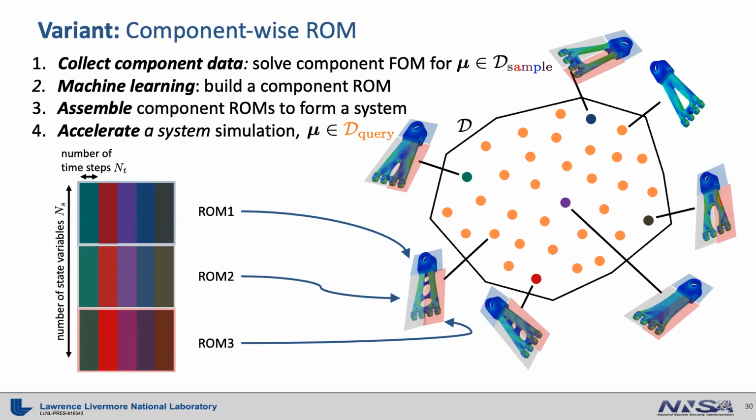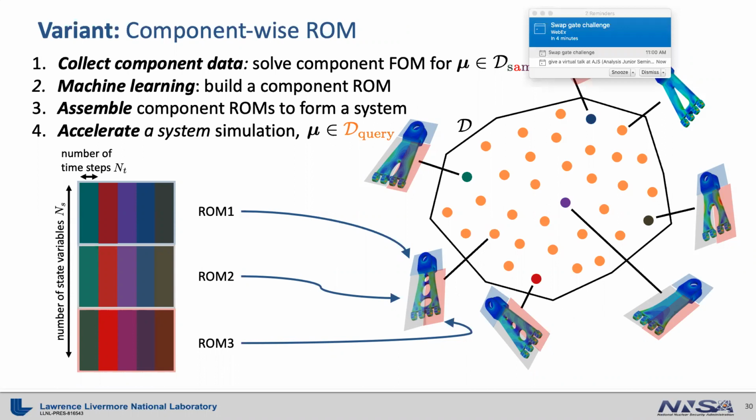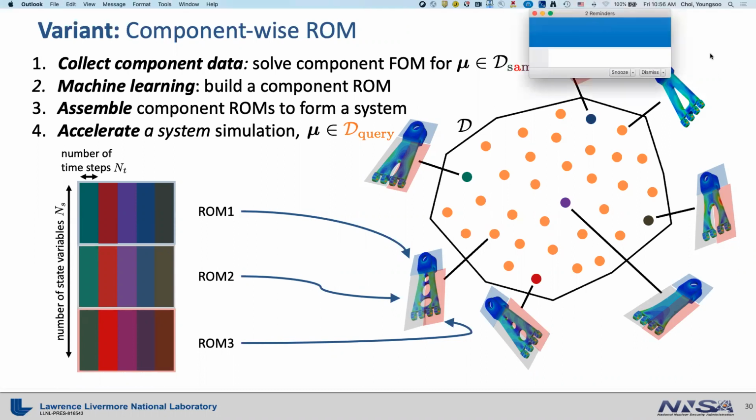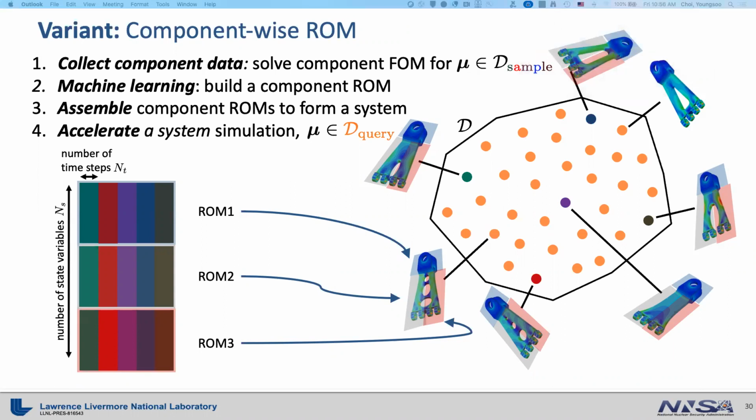In item number 1, you solve this component full order model, and in doing this component solve, you would need to replace the action of the other components by some boundary conditions. Depending on the model, it might be tricky to set these boundary conditions. So what is the recipe that works for you in your problems?